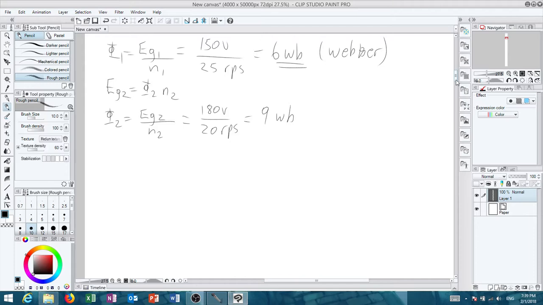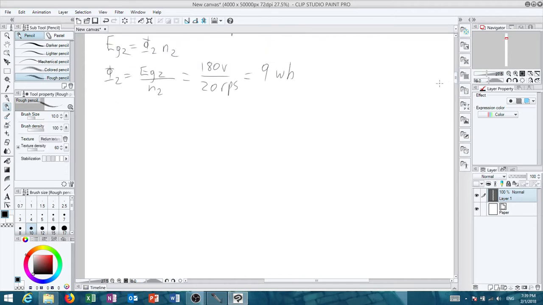But what's next? Now we can find the percentage increase. This gives us change in phi over phi 1, and the change in phi is phi 2 minus phi 1, over phi 1.